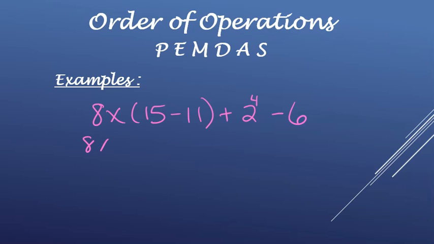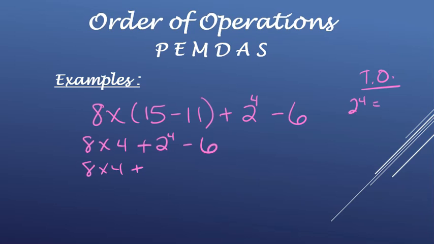So we have 8 times 15 minus 11 is 4 plus 2 to the 4th power minus 6. I only do one step at a time, notice. Now I'm going to do the exponent.